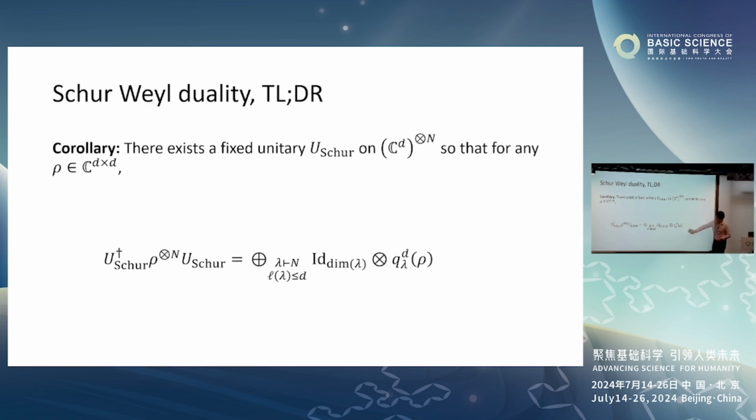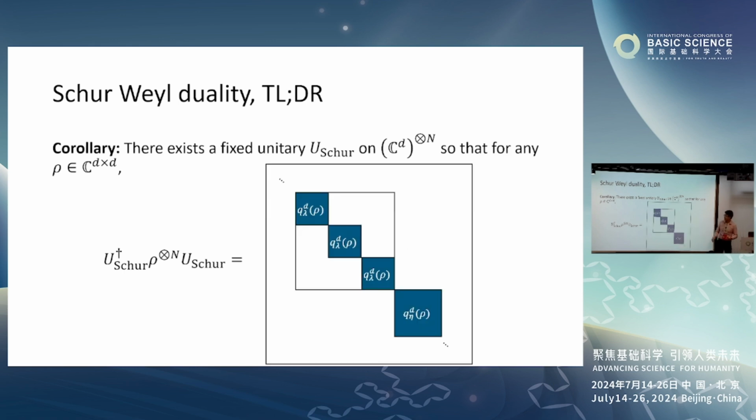This is equivalent to saying that after I apply this U Schur, my matrix has a block diagonal structure. Each block is indexed by some lambda, one of these partitions, and within each block, it also has some nice block diagonal structure. This is some fixed unitary that doesn't depend on rho. It works simultaneously for all rho. So this fixed matrix simultaneously block diagonalizes all rho tensor n.